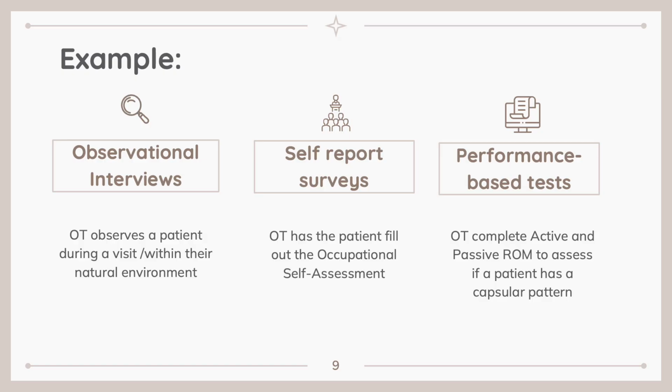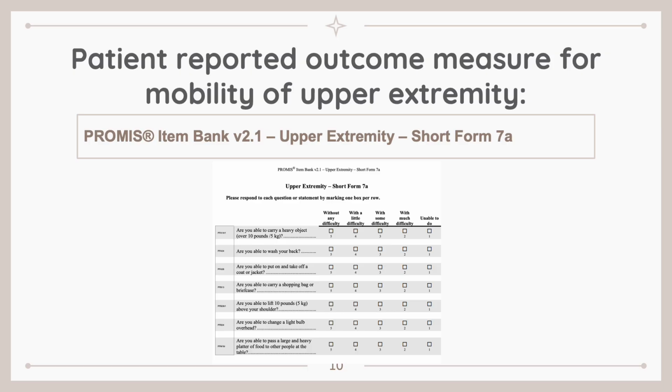Then performance-based tests. Relating to the research that I'm currently doing on adhesive capsulitis and the effect of therapeutic exercise, the OT could complete active and passive range of motion to assess if a patient has a capsular pattern or limitations in motions for external rotation, abduction, and internal rotation. This would be compared to the unaffected side.